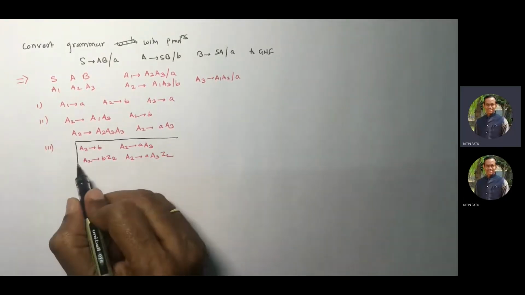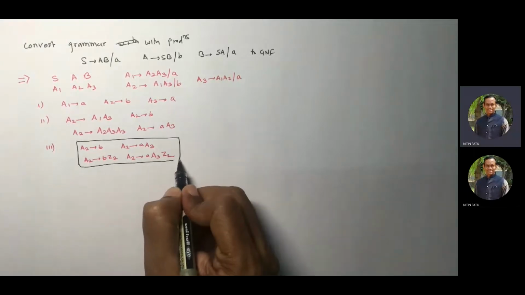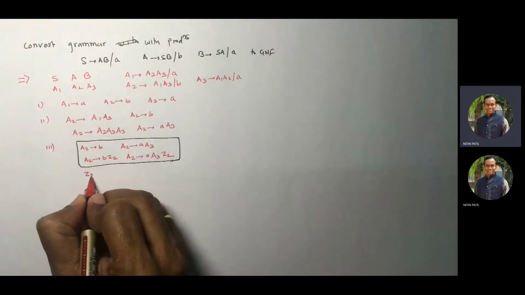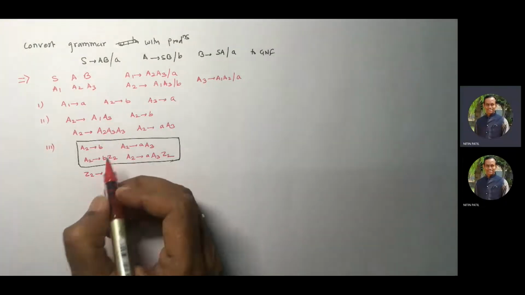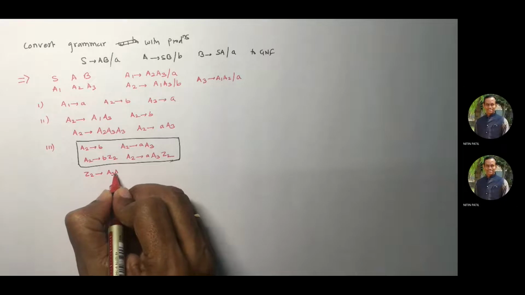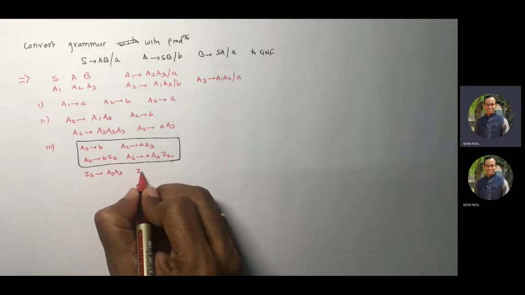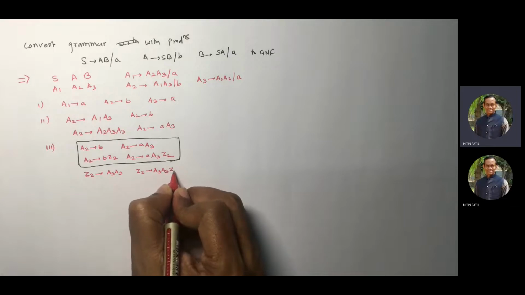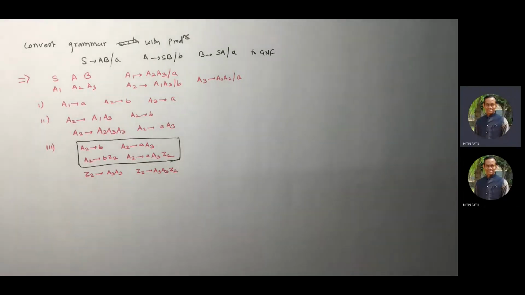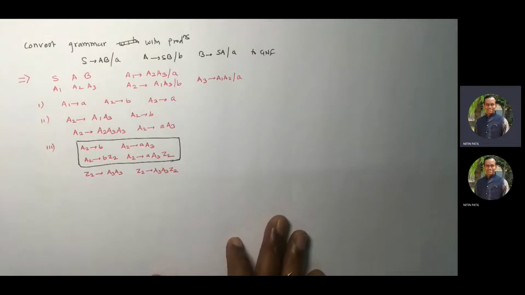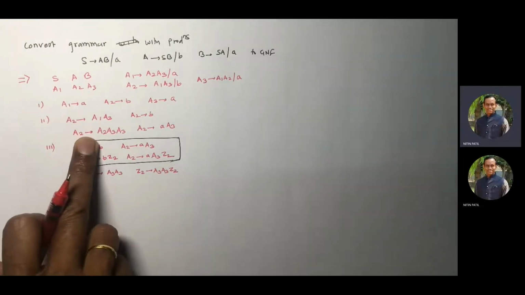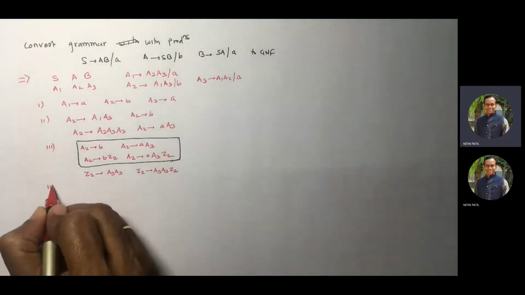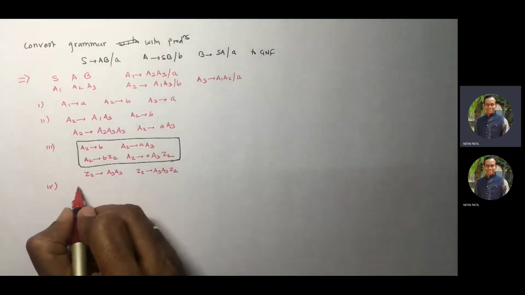So they are in GNF, correct? Next thing. Now for Z2, you will be writing the remaining value here. So you get Z2 gives A3, and Z2 gives A3, Z2, correct? Now we are done with A2. Now A3 gives A1, A2, again, this is the problem case, so we have to target them.